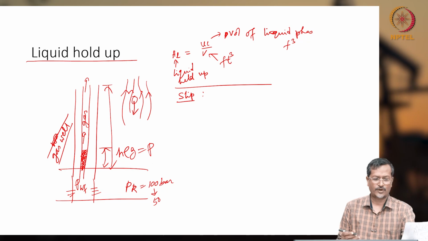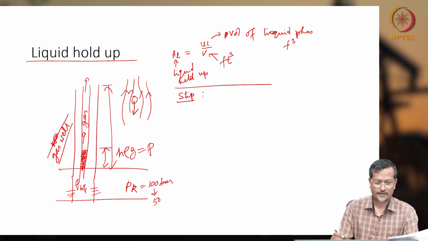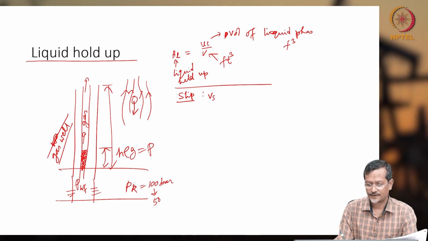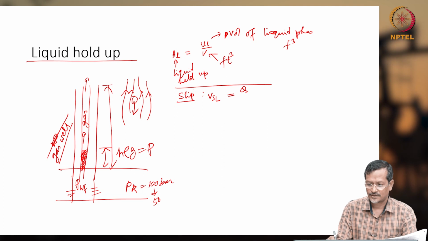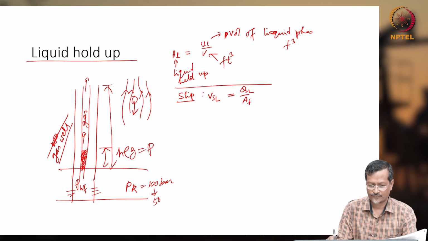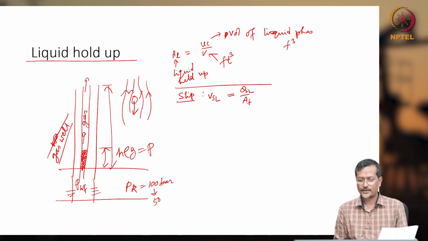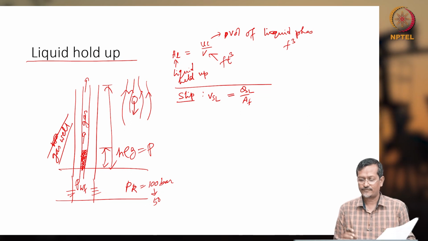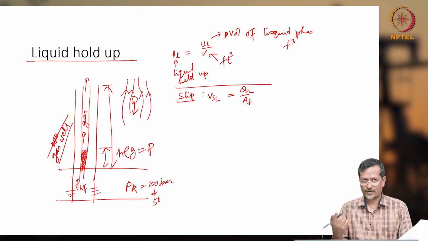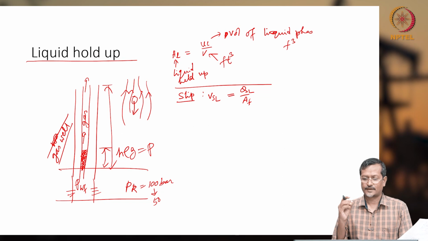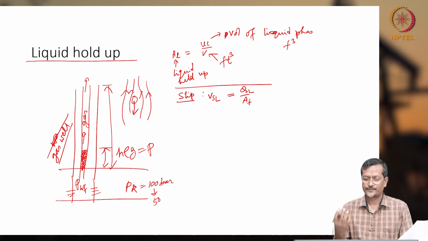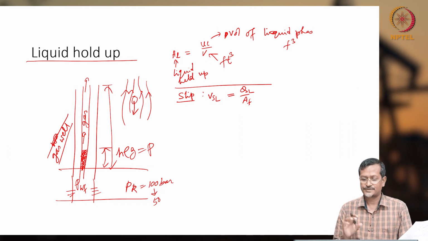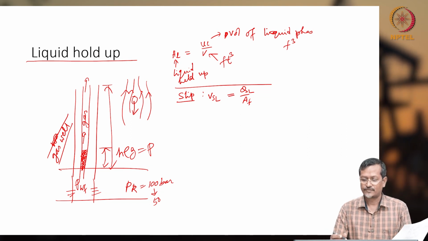First you have to understand the superficial velocity. VSL, the superficial velocity, equals QL by AF, where QL is the liquid flow rate and AF is the total flow area. So QL is how much liquid is flowing and how much area it is taking. This ratio is called the superficial velocity for liquid.